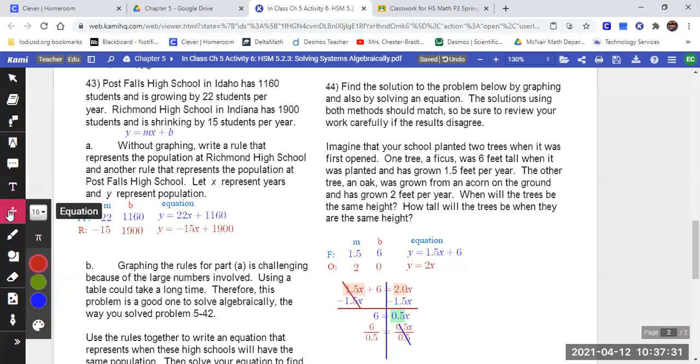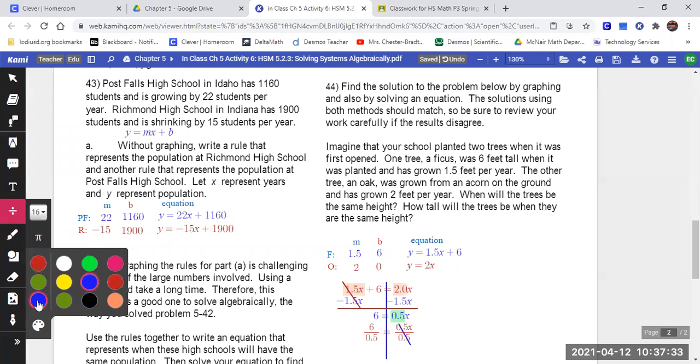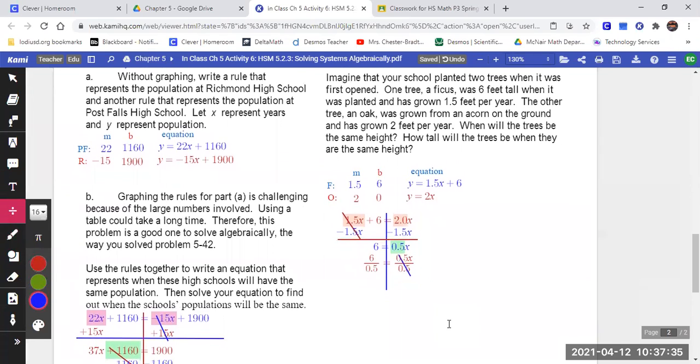Now, use your calculator. What side should the letter be on when we're done with this? Which side, when we're done, does the letter land on? When we're solving equations, where should the letter be? Left or right? Left.